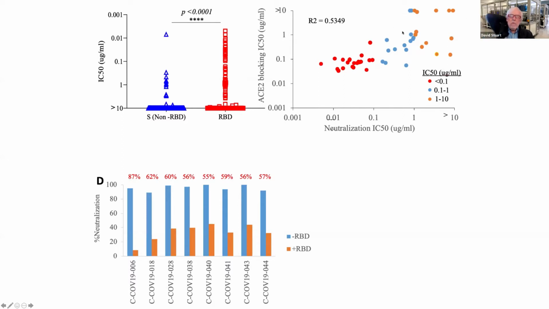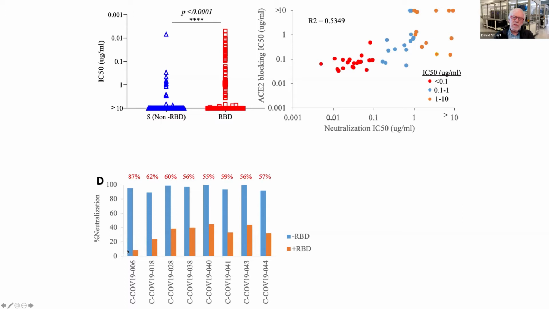The ones that don't block ACE2 are less good blockers. And in fact, the strength of association between binding the receptor binding domain and being effective at neutralization is shown very strongly here. And just look at the orange bars here.